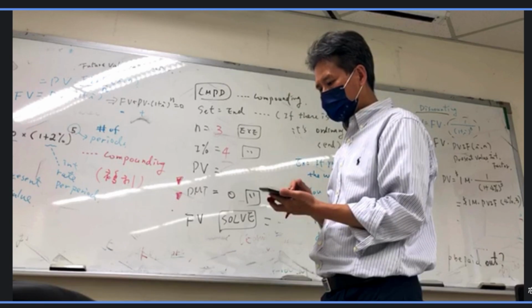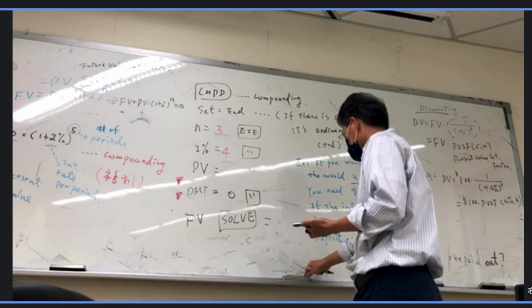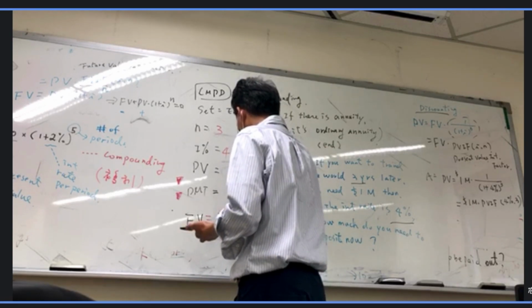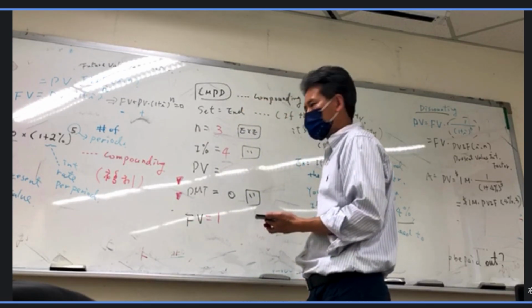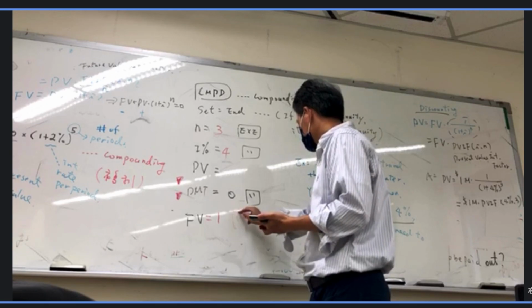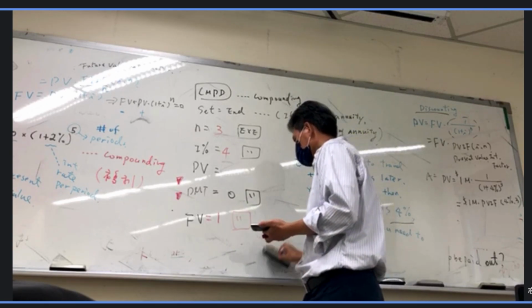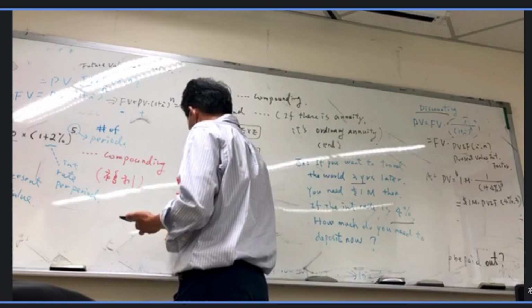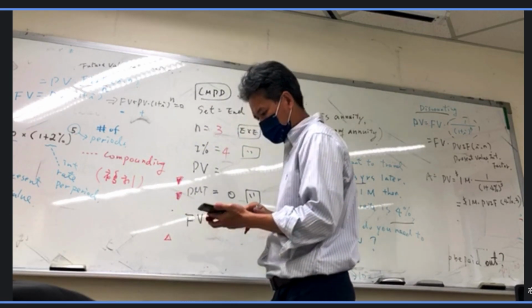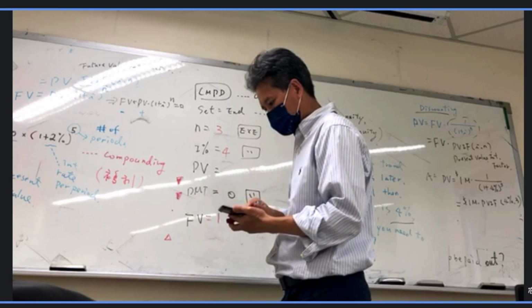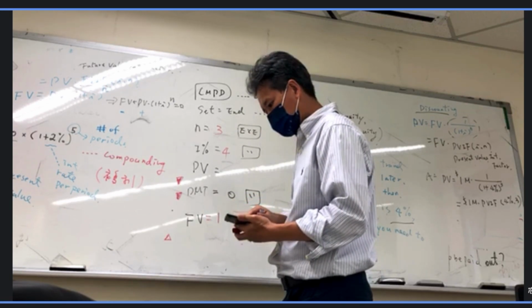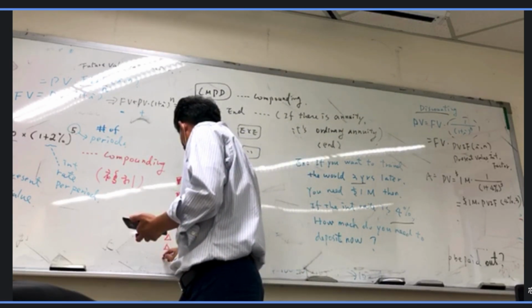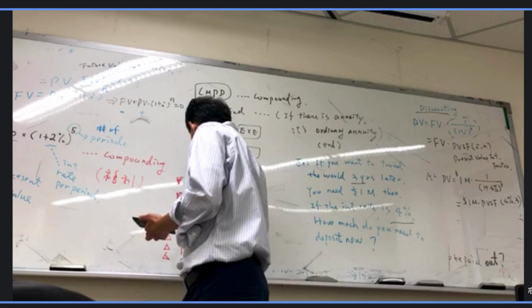And the future value, now we have to input as 1 million. Let's just press it. And then we come back to PV for solve.